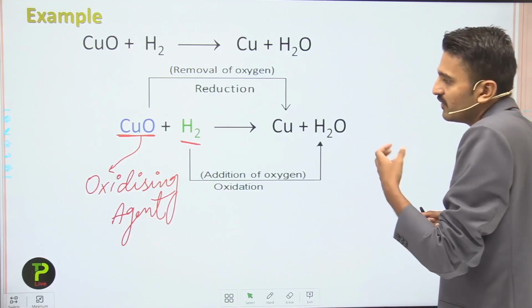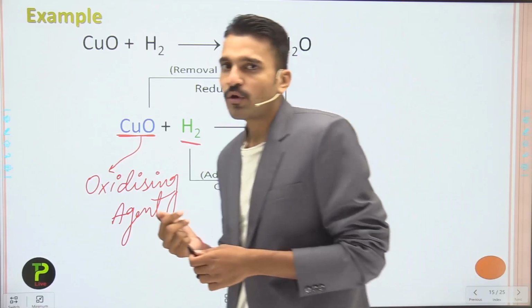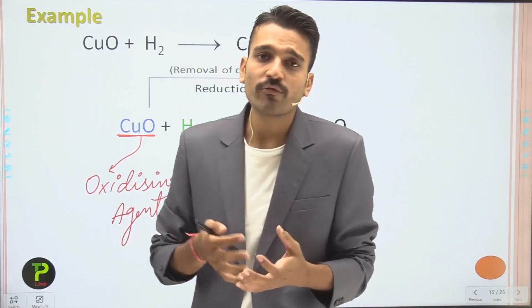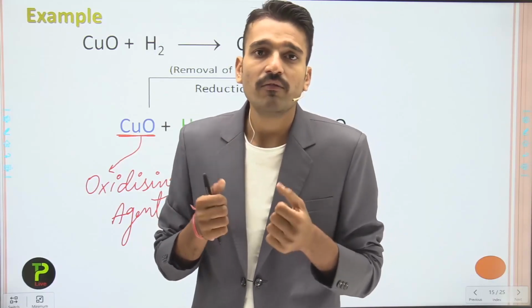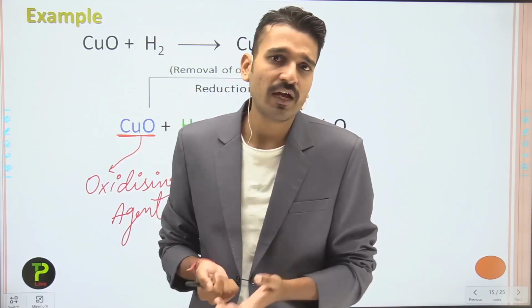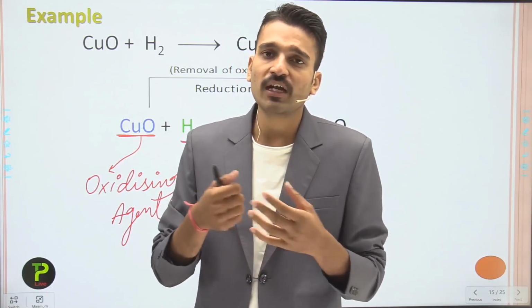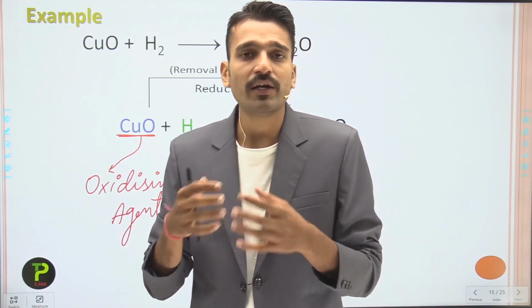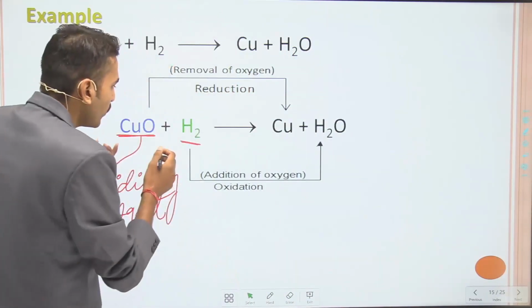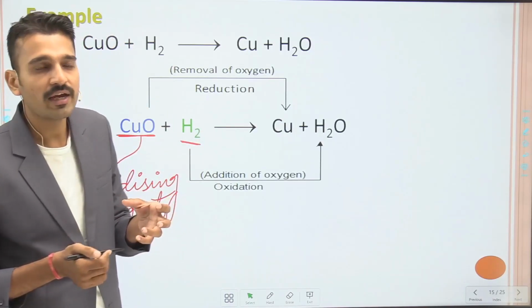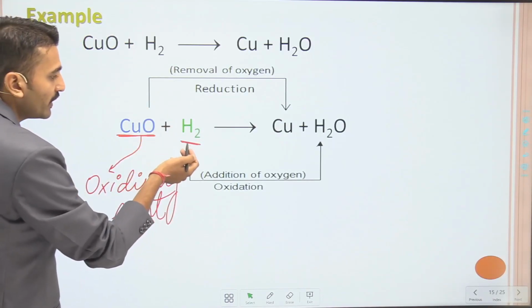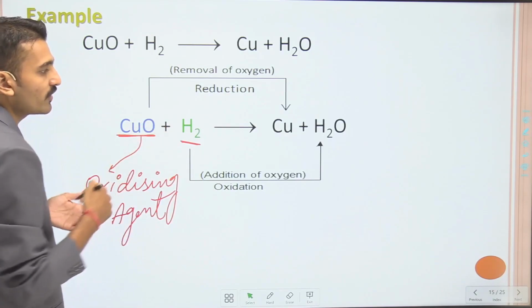Now let us see how the reduction of copper oxide takes place. If hydrogen is not interested in taking up the oxygen, will the reaction proceed? No, the reaction will not proceed, and the reduction of copper oxide will not take place. Just because hydrogen has taken the oxygen atom from the copper oxide, the reduction of copper oxide takes place.